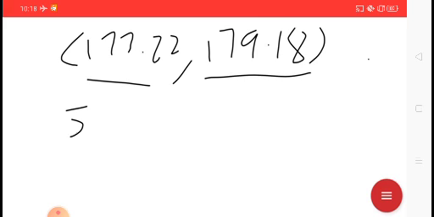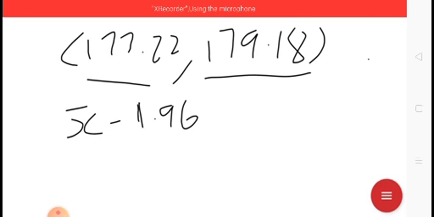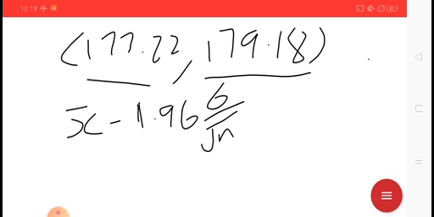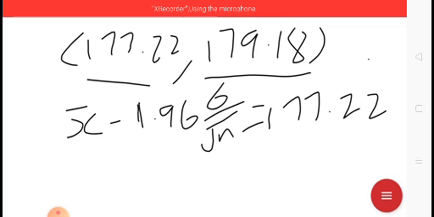So you can directly use the mean minus the 95% confidence interval. If you use a graph to calculate, you will get 1.96. Center 95%, so you are going to find P(Z smaller than z) equal to 0.975. So you find back that z is equal to 1.96. So x bar minus z sigma over square root n is equal to 177.22, the minus part.